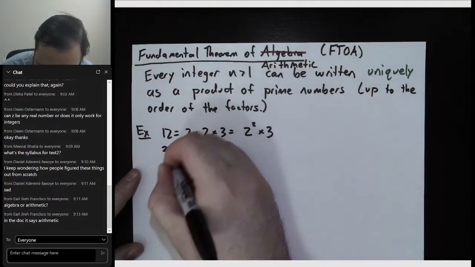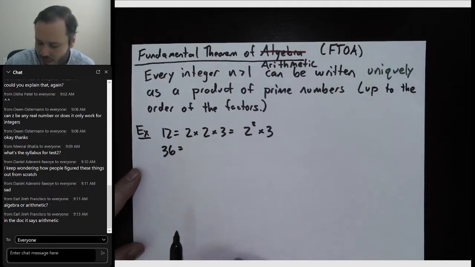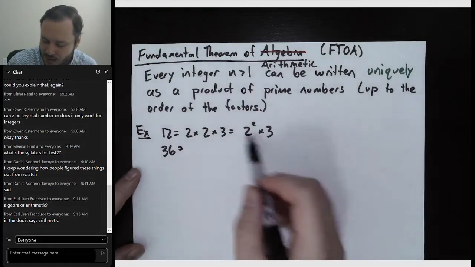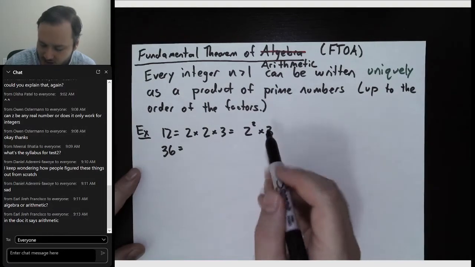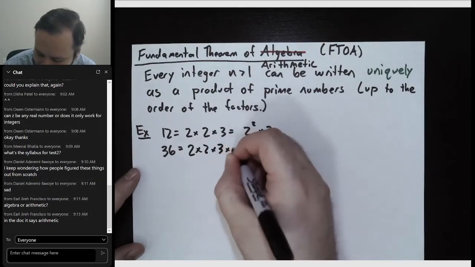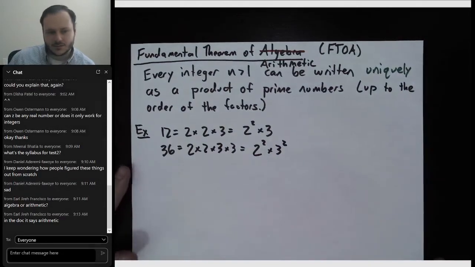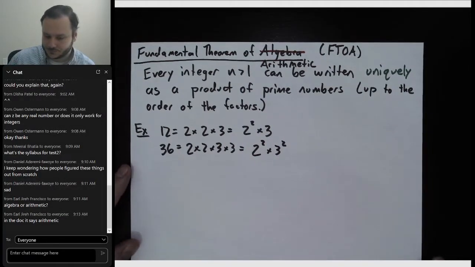We can look at something like 36. 36 is 3 times 12, which means I've got the same prime factorization of 12 with an extra copy of 3: 2 squared, 3 squared.